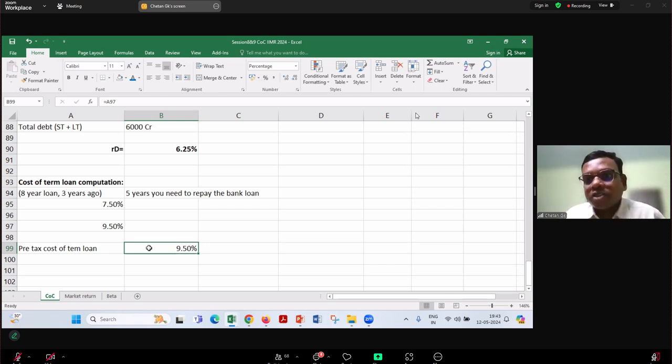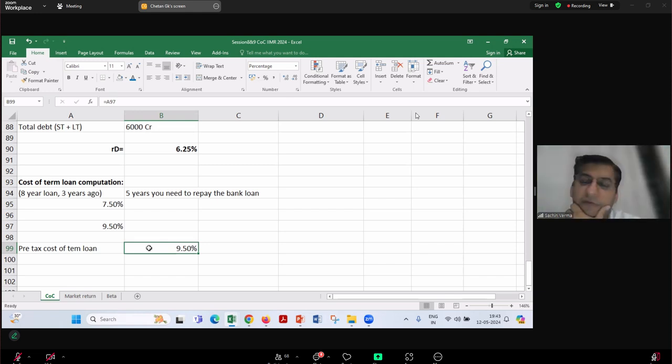The bank takes all those aspects into consideration and quotes the new rate for you. That particular rate should be your pre-tax cost of term loan. It is not only because of interest rate fluctuations; it may also have to do with your credit rating.